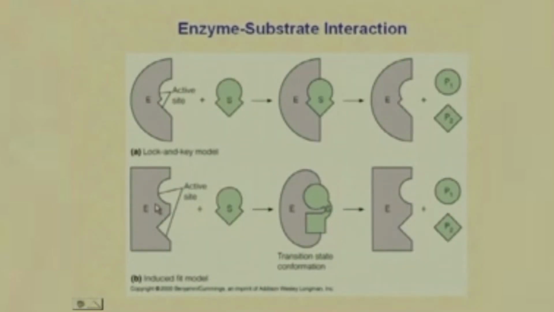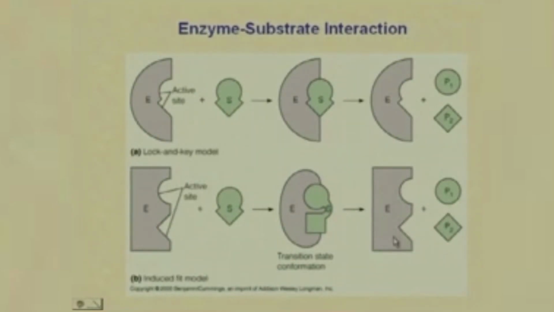So there is a slight change, a flexibility associated with this that is going to result in an induced fit. So now we see that the shape of this has slightly changed. Why has it changed? To accommodate the substrate. Okay, so the substrate also basically this is formed so that it can be cleaved. In this case it is being cleaved.